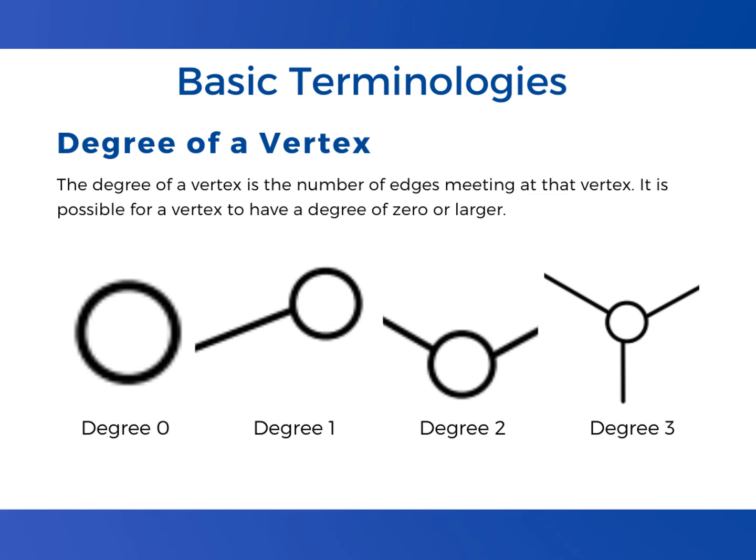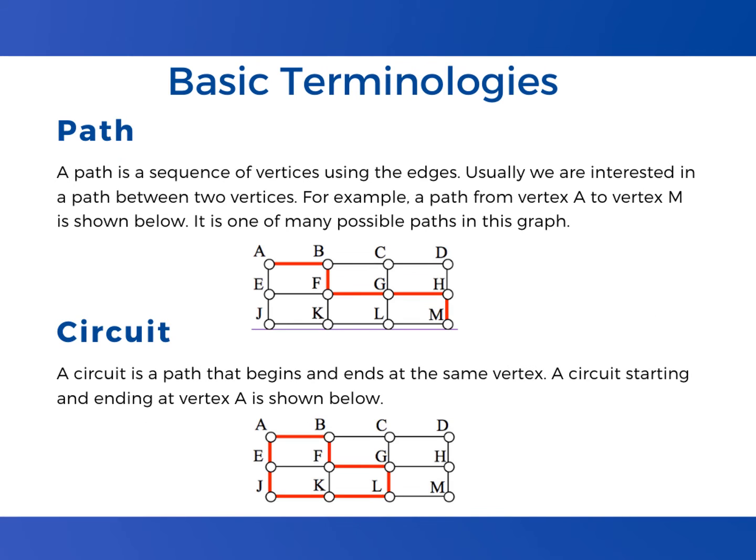Another important concept is the degree of a vertex, which refers to the number of edges meeting at a particular vertex. Here we have 0 since there's no edge attached to it. Then here we have a degree 3 since there are 3 edges meeting on it. Then we have path. It is a sequence of vertices using the edges.